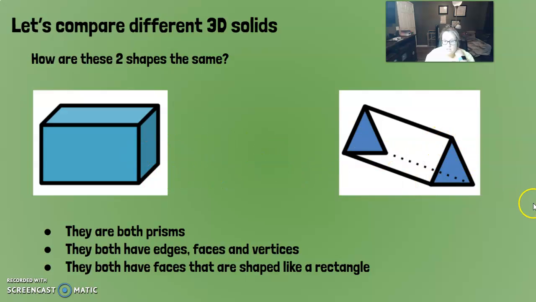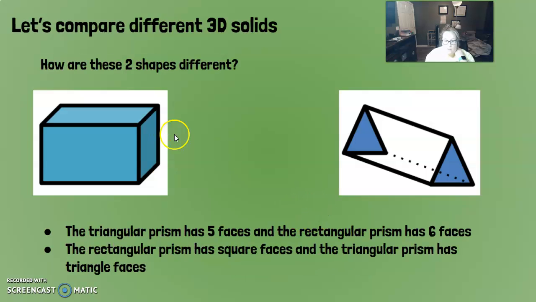They both have edges, faces, and vertices, and they both have faces that are shaped like rectangles. How are they different? Well, the triangular prism has 5 faces, and the rectangular prism has 6 faces, and the rectangular prism has square faces, and the triangular prism has triangular faces.